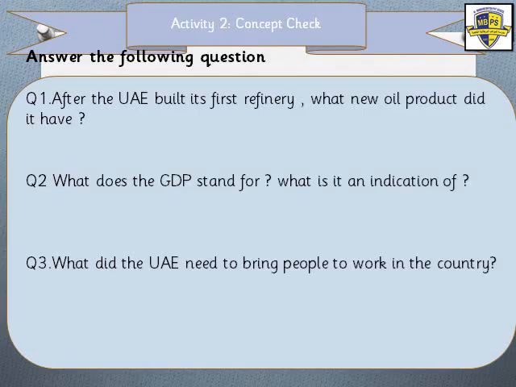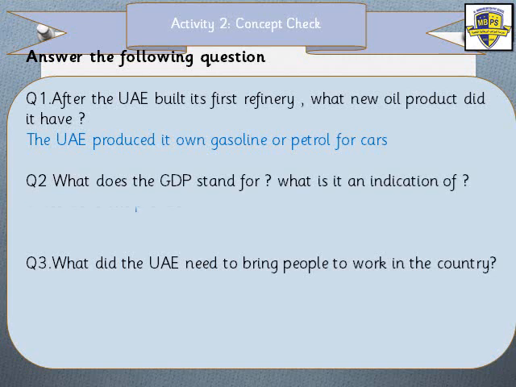So let us do this activity together. Concept check. Answer the following questions. Question 1. After the UAE built its first refinery, what new oil product did it have? The UAE produced its own gasoline or petrol for cars. Next one. What does the GDP stand for, and what is it an indication of?